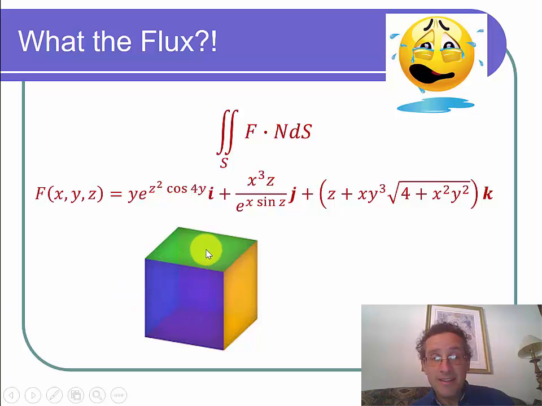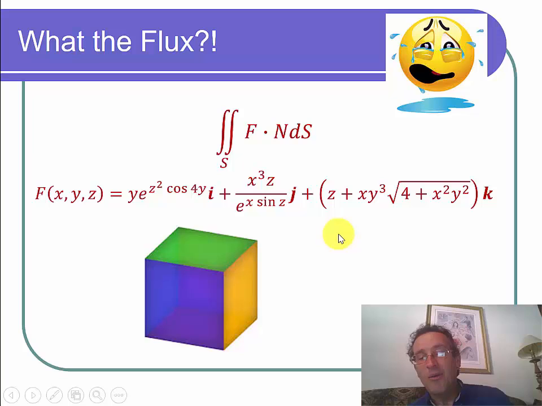So that means each of these sides has a distinct unit normal vector. And because of that, we're going to have to do 6 different double integrals, each of them involving this really long and awful vector field. I do not want to do this particular flux integral.